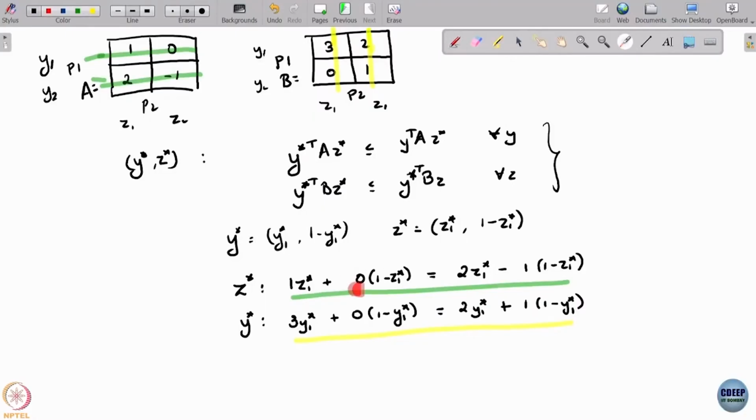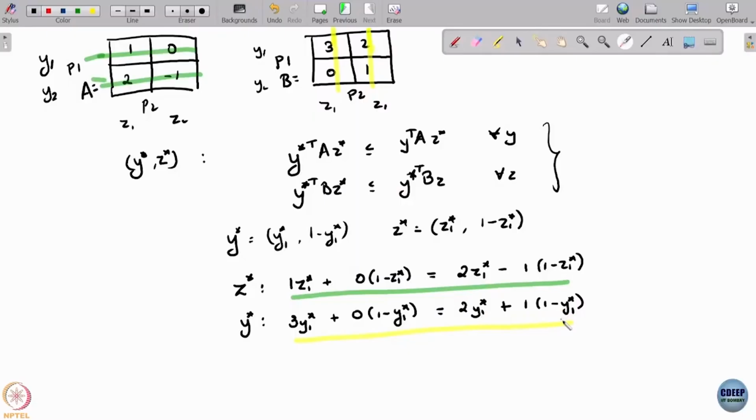But suppose there were m pure strategies for each player, and there were capital N many players. Then each of these will not become linear equations. They will have the product of the probability distributions of all the other n minus 1 players, because all the other players together make this guy indifferent.